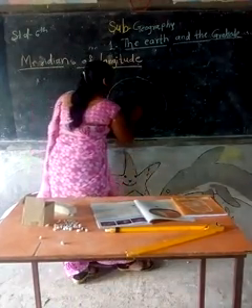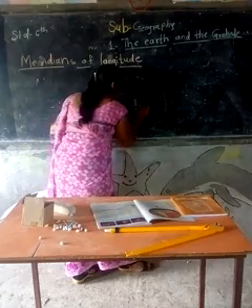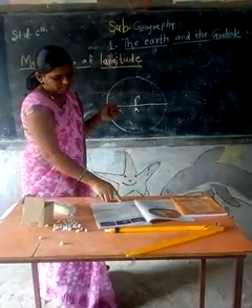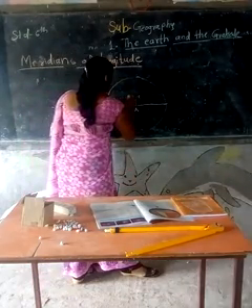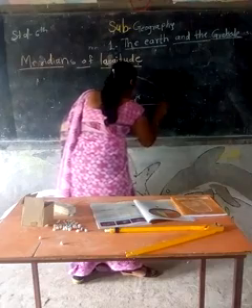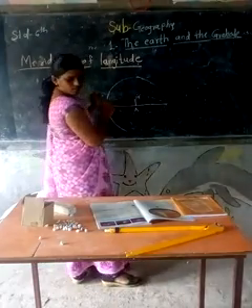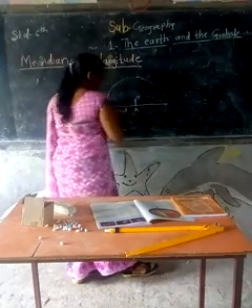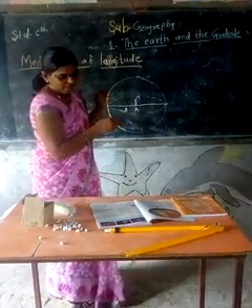Here is the center, and here take a point M. Then write near it B, near point A. Take the next point B.